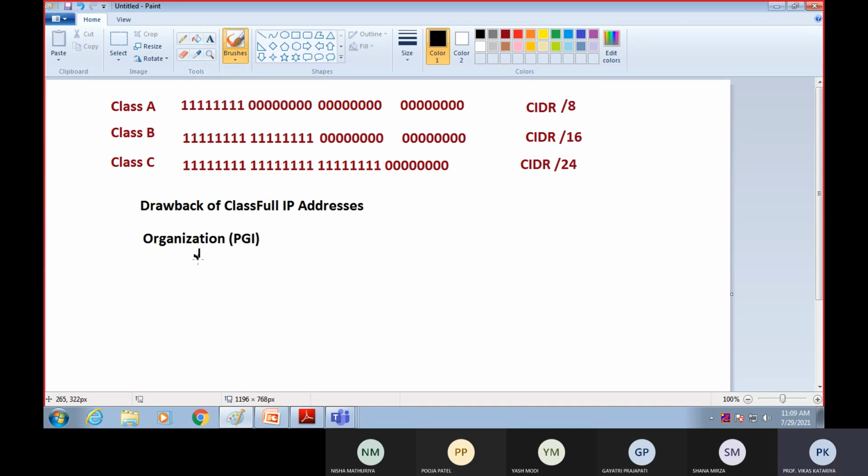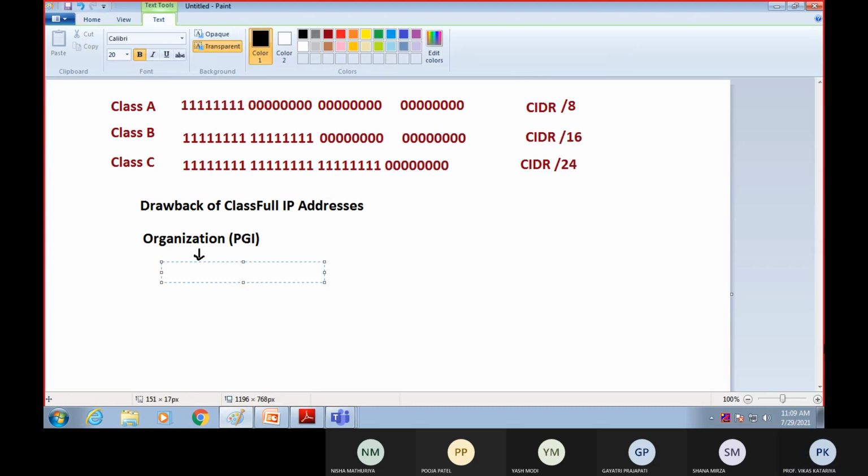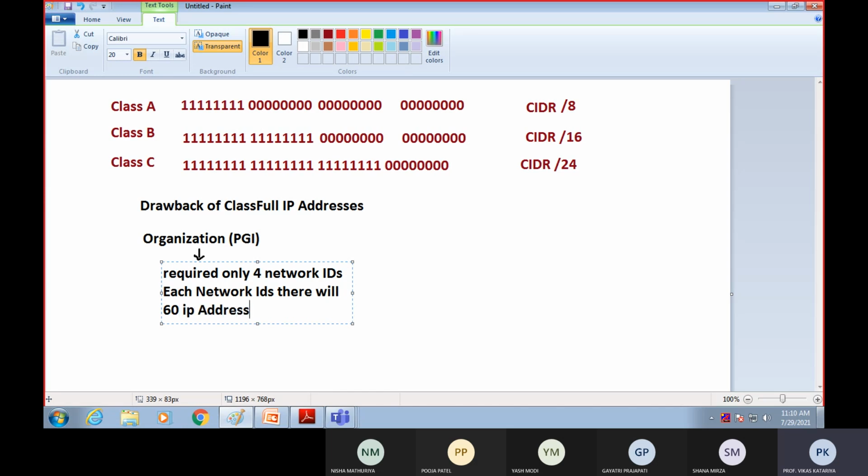and PGI requires, let's suppose, 4 network IDs, and the second requirement is that each network ID requires, suppose, 60 IP addresses.